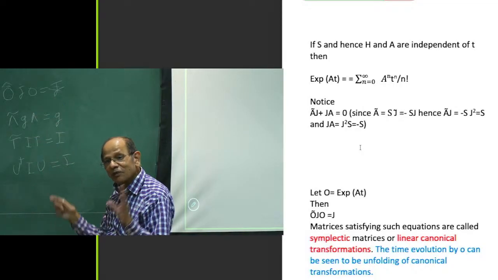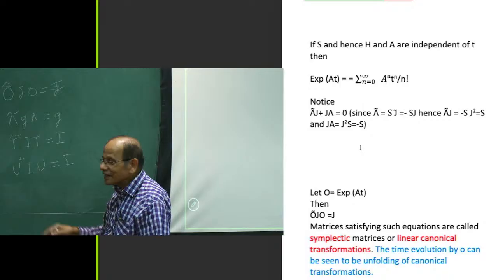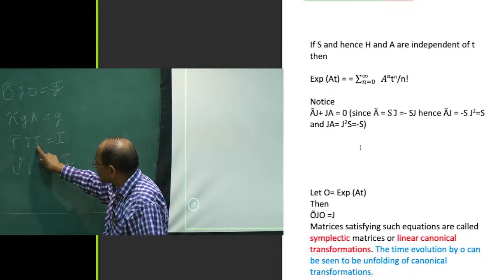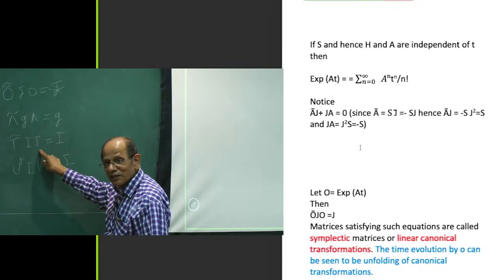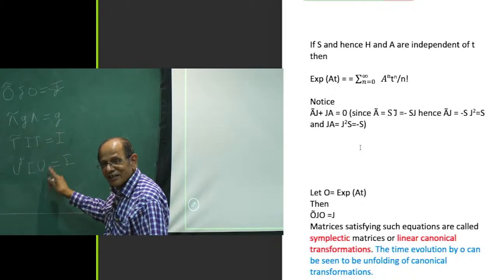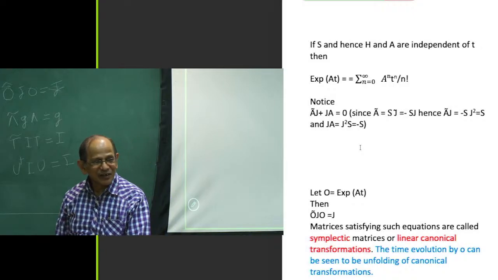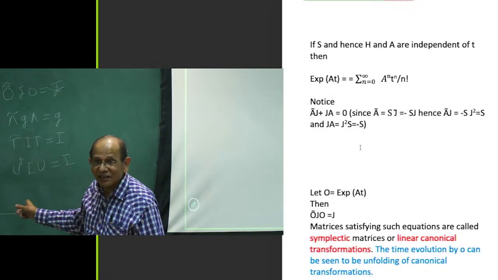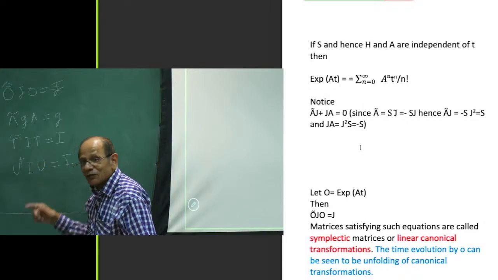Associated with each of them there is a geometry that is preserved. That gives symplectic geometry, this gives Lorentzian geometry, this gives Euclidean geometry, and this gives the geometry you would see in Hilbert space when you make a unitary transformation.